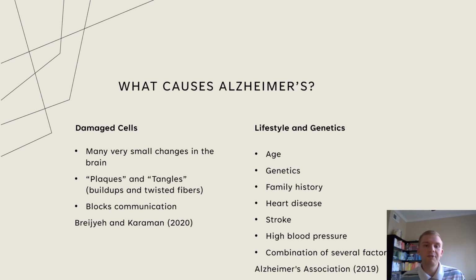So you may have family history and a history of stroke and an older age, and those may lead to an increased likelihood that Alzheimer's will be a potential concern for you. Again, there's not a specific cause that we know of. However, there are these indications that we can use to determine the likelihood that somebody will have Alzheimer's disease.